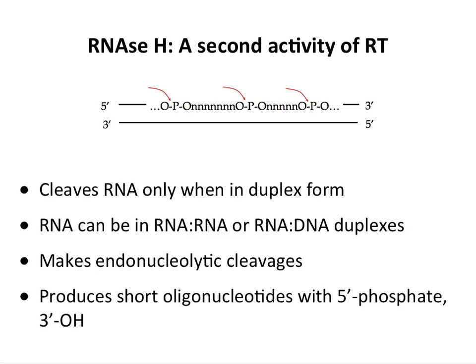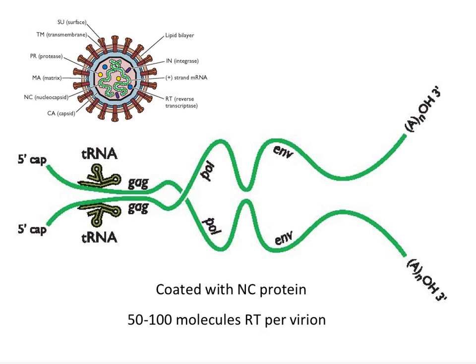So this is the phosphate joining the bases on either side, a part of the backbone, 2 oxygens on either side. And this RNase H cleaves in front of each phosphate. So it gives you 5' phosphates, and then at the other end it would give you a 3' hydroxyl. It's simply a way of getting rid of the RNA because, as I said, it's not needed anymore. Right, so that's RNase H.